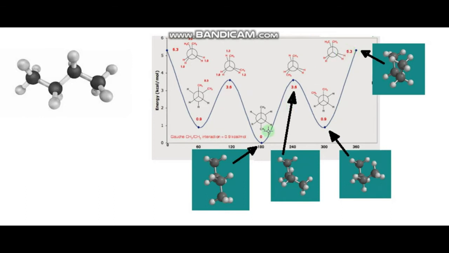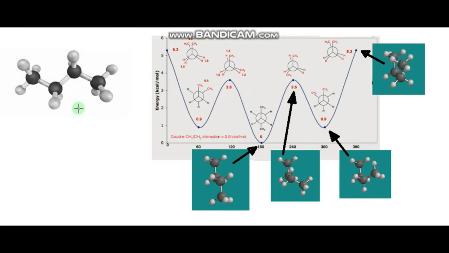So this one has the lowest energy. In other words, this is the most favourable state, which looks like this. So here, this is actually the structure that's shown here. And the reason it's low in energy is that it minimises the extent to which atoms get in each other's way.